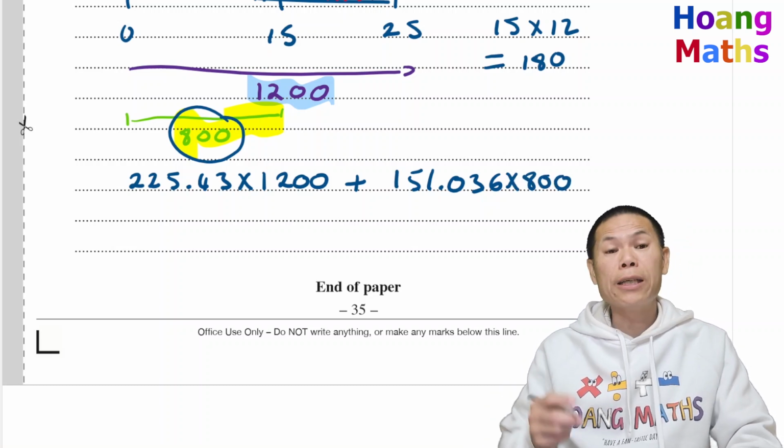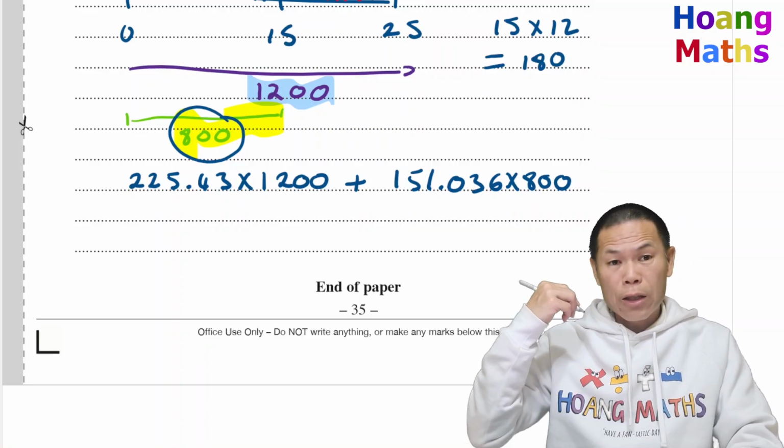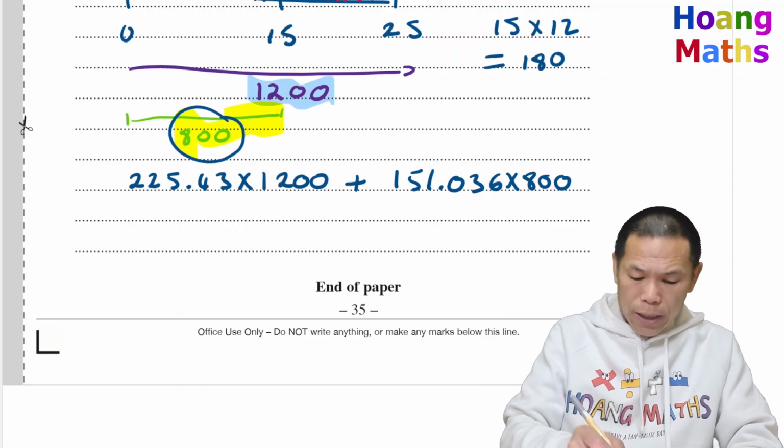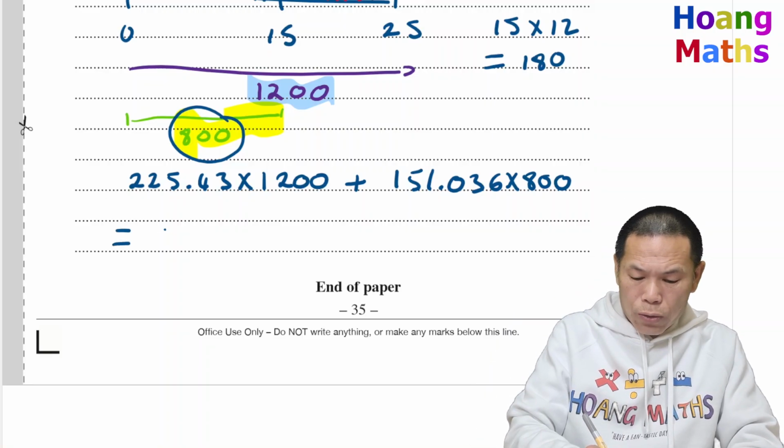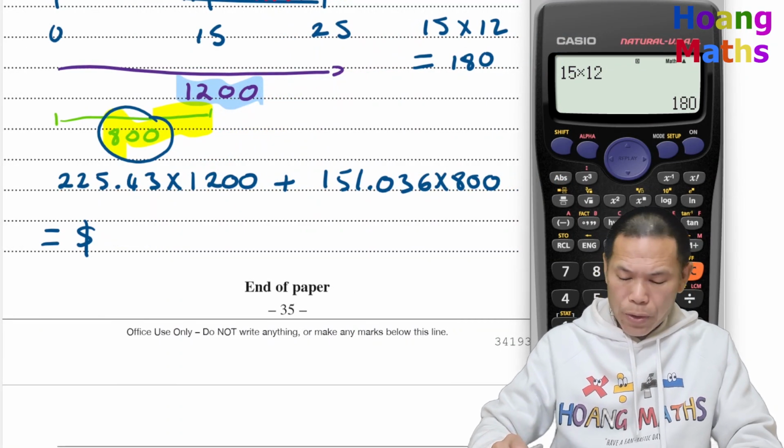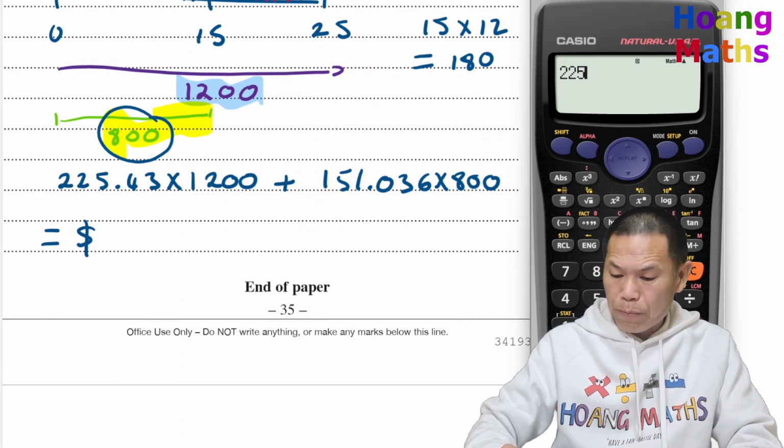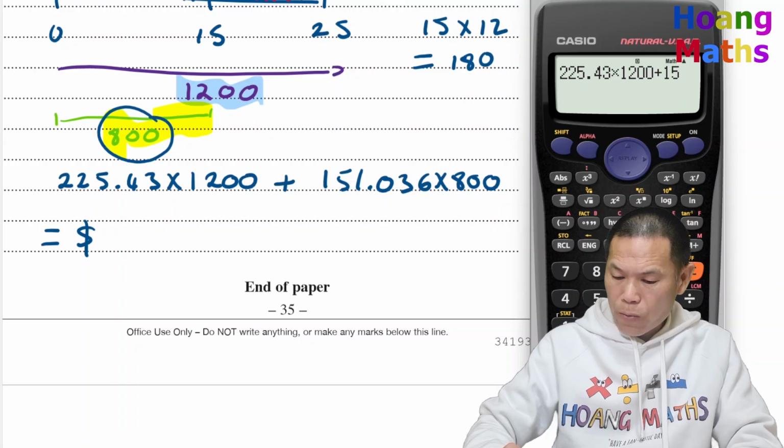That will give us the present value, the whole lump sum, if you like. So 225.43 times 1,200, then we add 151.036 times 800.